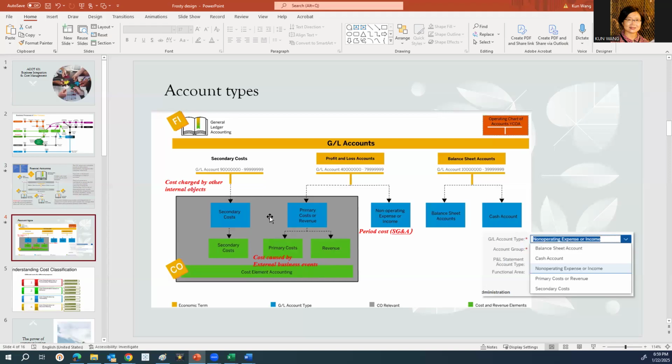But inside the manufacturer or product category, they even further separate into primary cost and secondary cost.